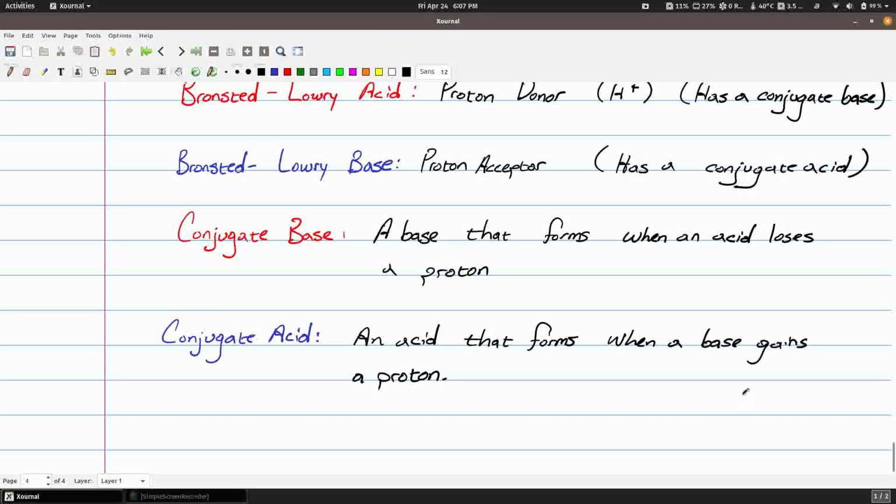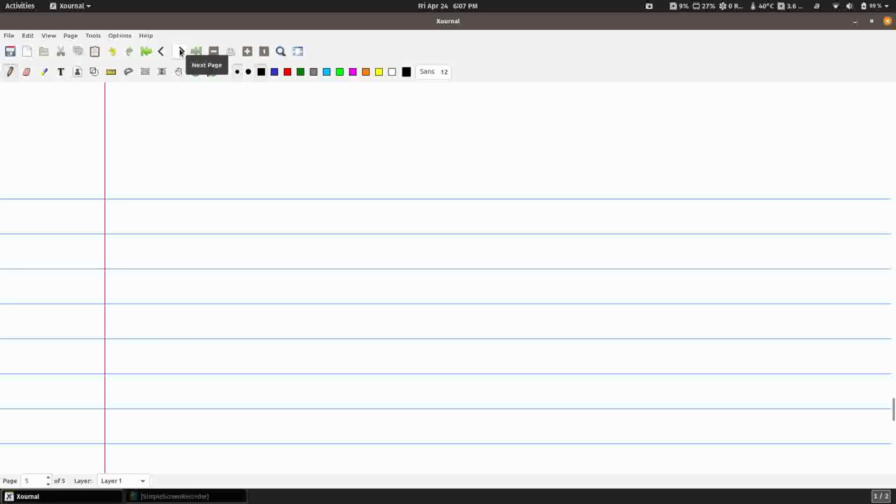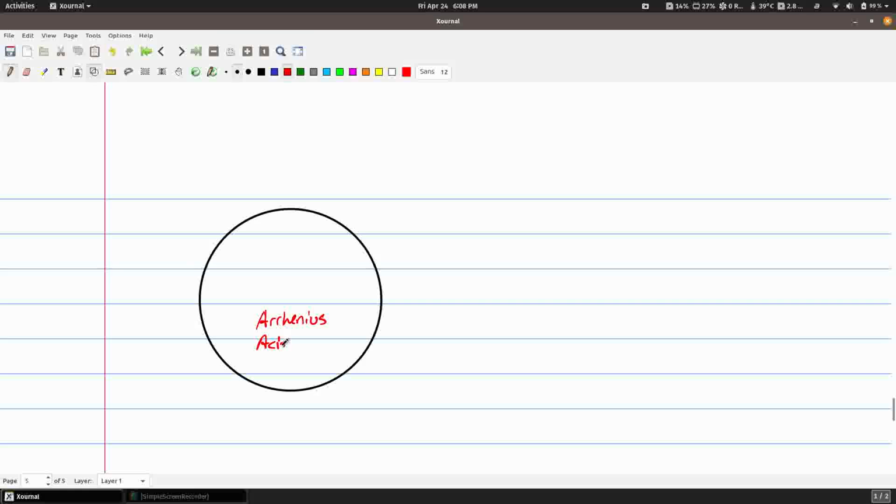So if you need to copy this, just pause it, copy it. I need to move to the next page. So let me draw a circle. And we're going to draw a little one inside after I write stuff. So in the little circle, we have our Arrhenius acid and base.